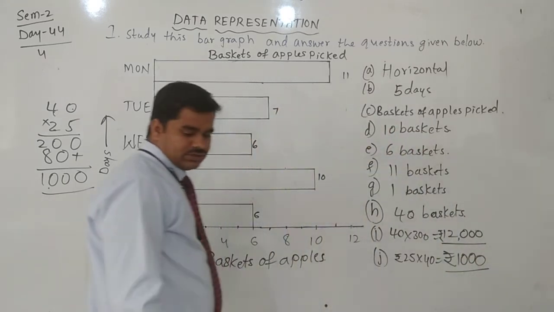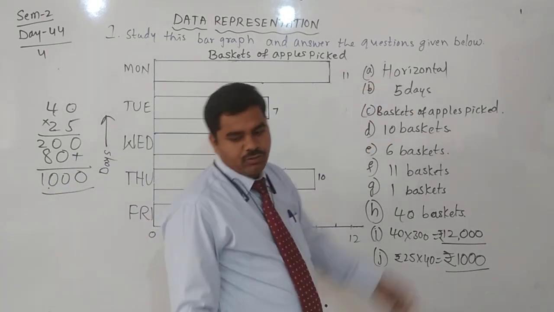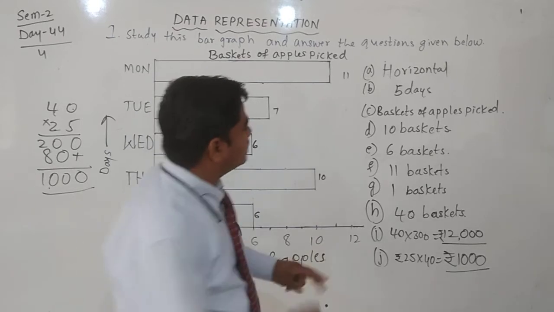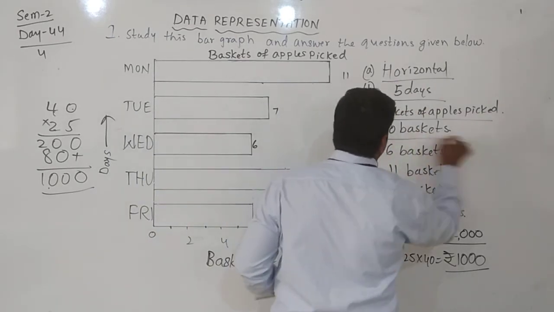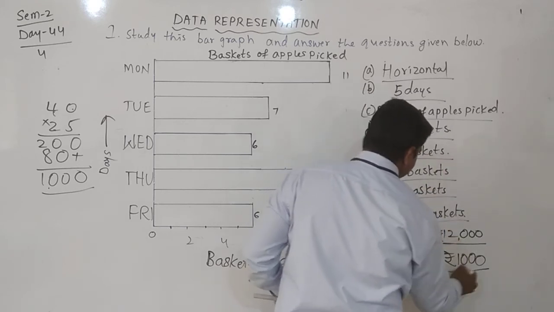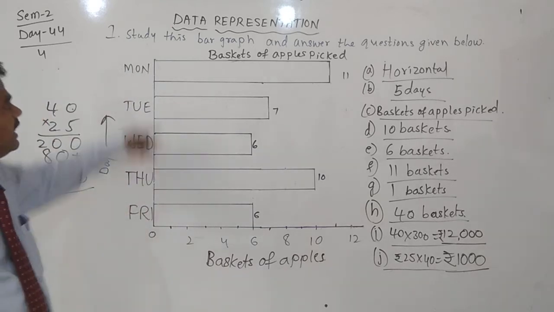You should write all these. Very simple. Questions should be taken from the textbook. Write the answers that are written on the board. These are all answers of the questions related to this horizontal bar graph. Questions are in your textbook, that is A to J. First write these all.